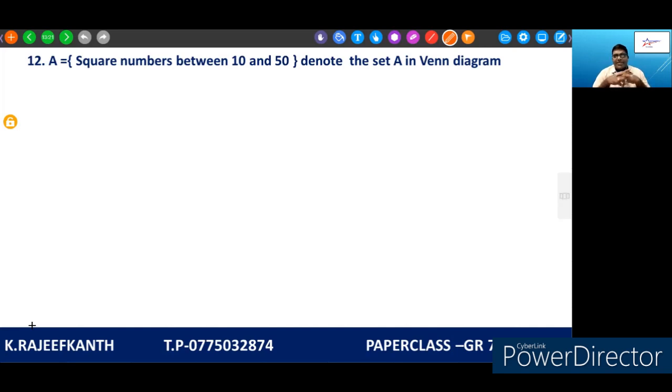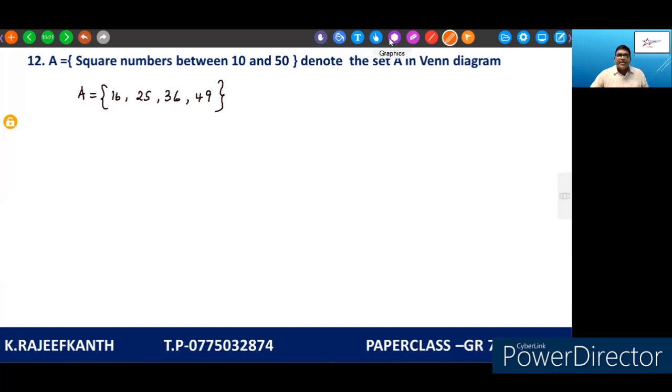Here, square numbers between 10 and 50. So first we have to write the square numbers between 10 and 50. Here the first square number is 1, second is 4, third is 9, fourth is 16, then 25, then 36, then 49, right? So these are the square numbers between 10 and 50.